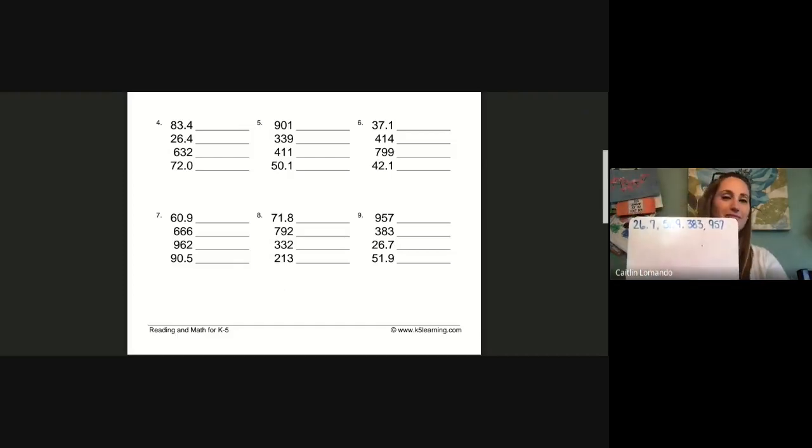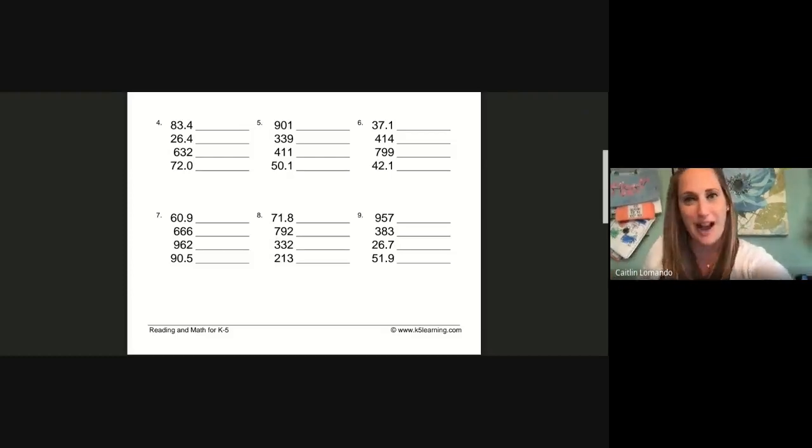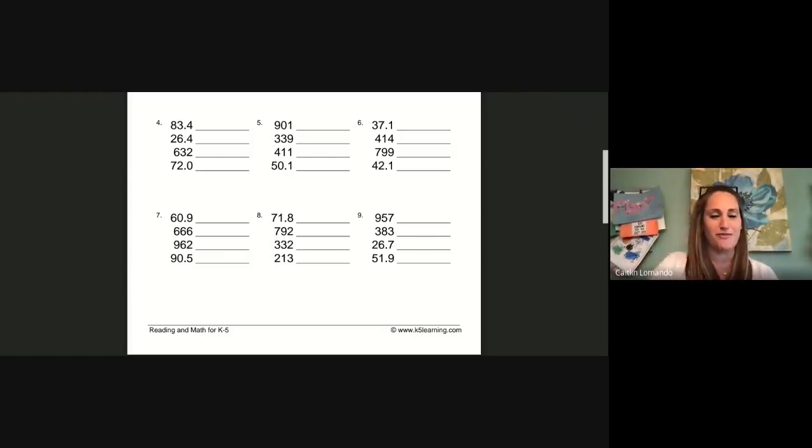Did you get what I got? Our smallest is 26 and 7/10. Our next number is 51 and 9/10. Followed by 383, and our largest number is 957. Great practice. I bet you are ready for our Google form now.